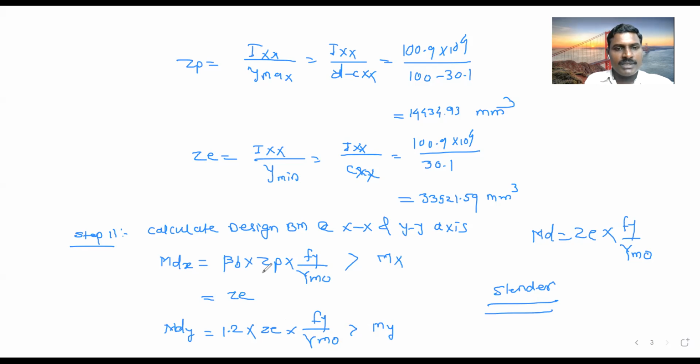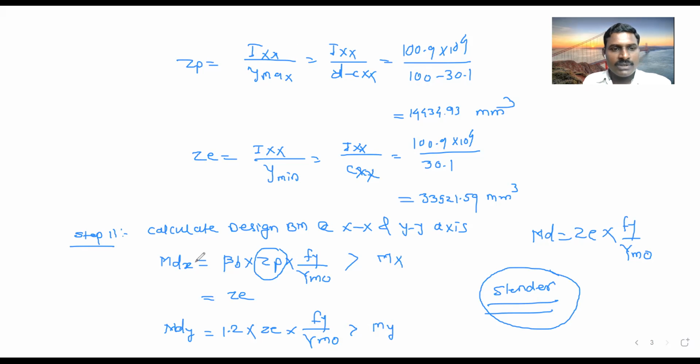Instead of the MDX beta B formula, we cannot use it here, because ZP does not come in. If the classification we got is slender, then this section is not going into the plastic zone.